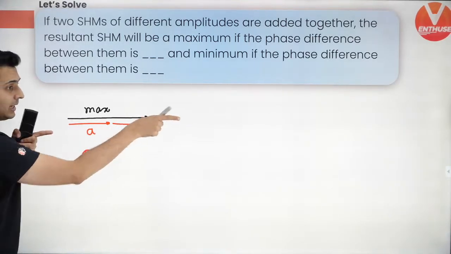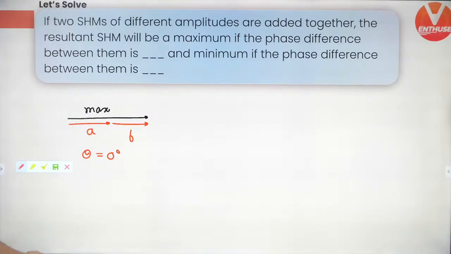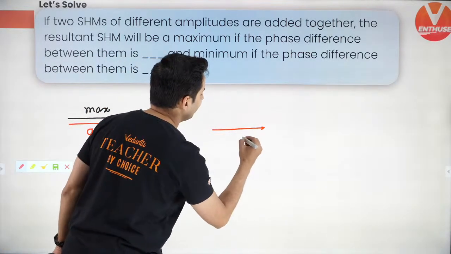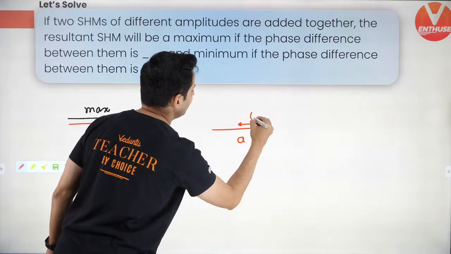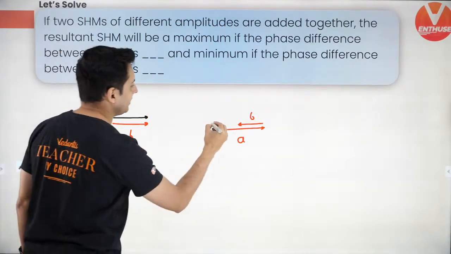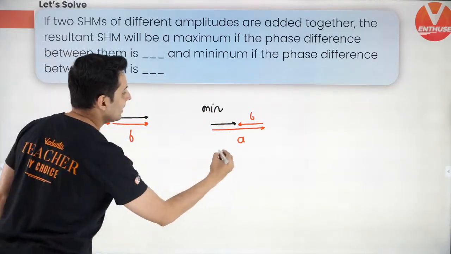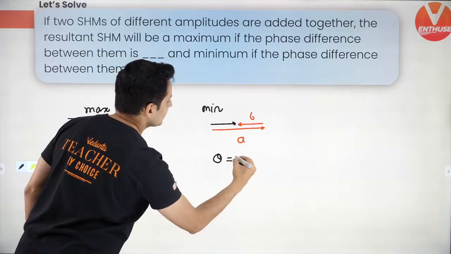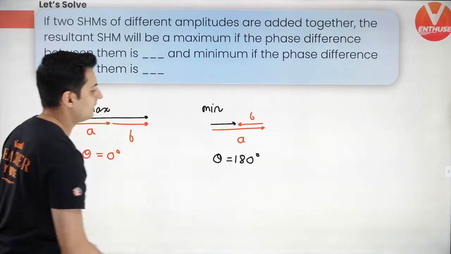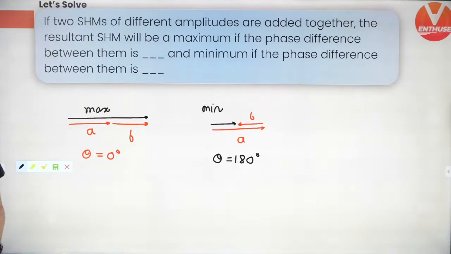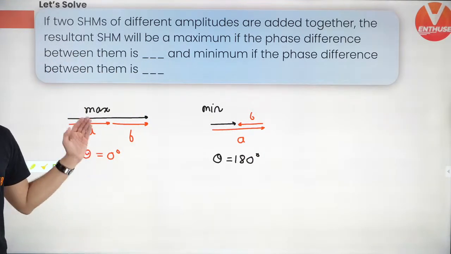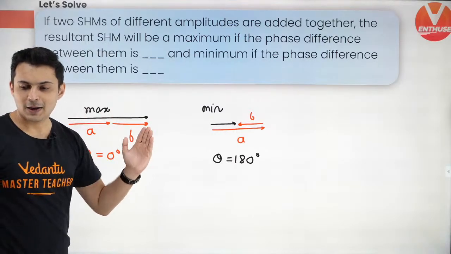Look at that, A and B are parallel, so the angle is 0 degrees. And when will it be minimum? When vector A and vector B are opposite to each other, that's when the resultant is minimum. And angle between A and B is obviously 180 degrees. So be careful about it. I hope this is clear.